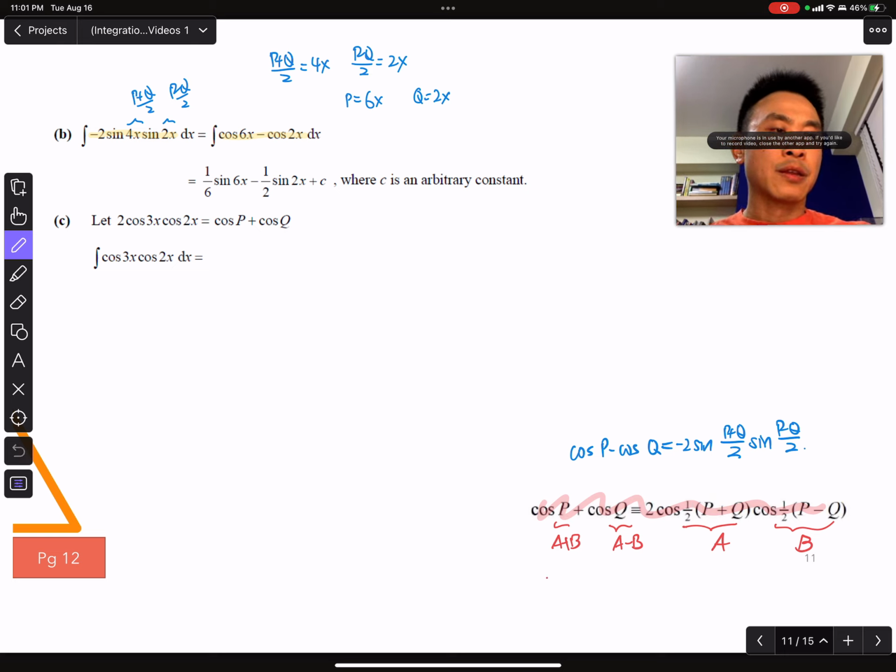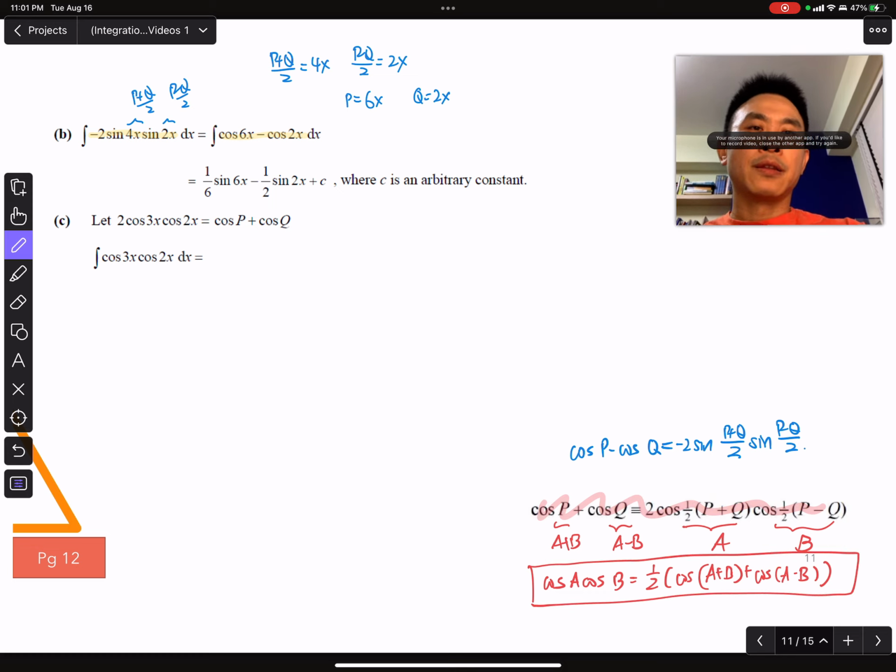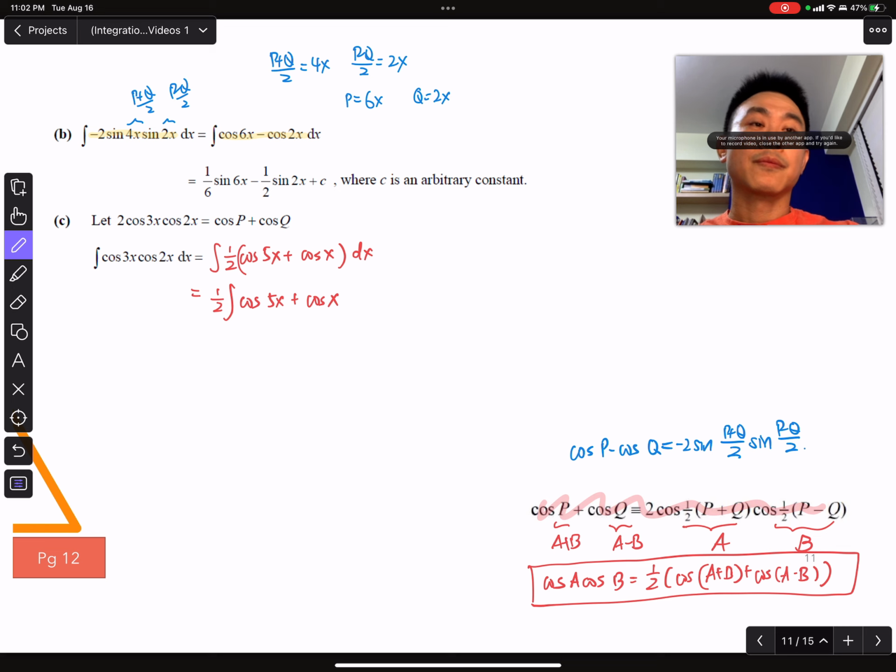So from here I can get cos A cos B equals half of cos A plus B plus cos A minus B. So I'm going to apply this, to get half of cos 5x plus cos x, because A minus B gives x.